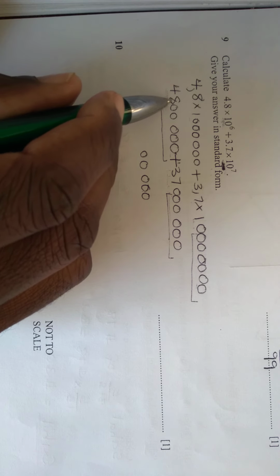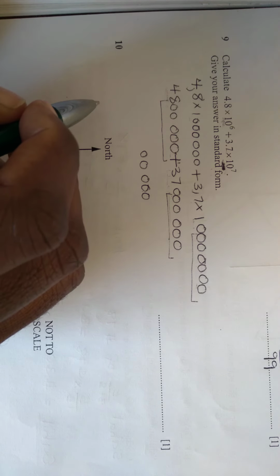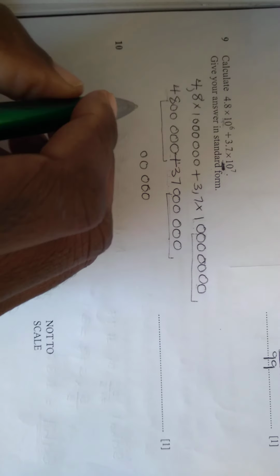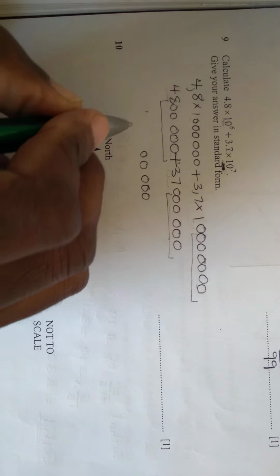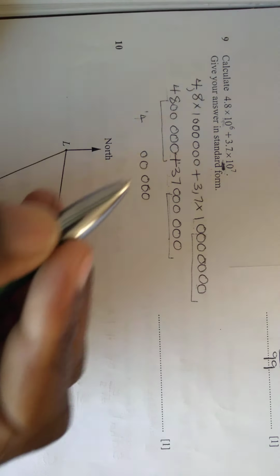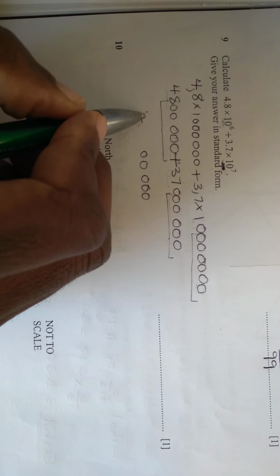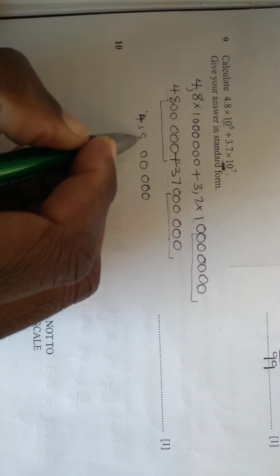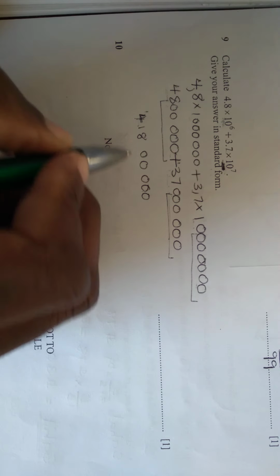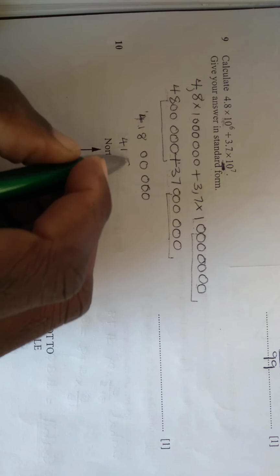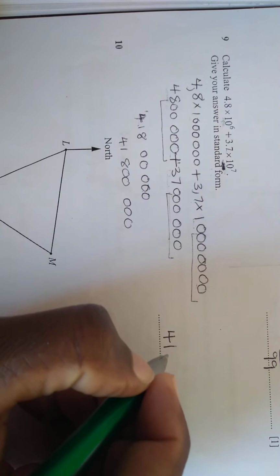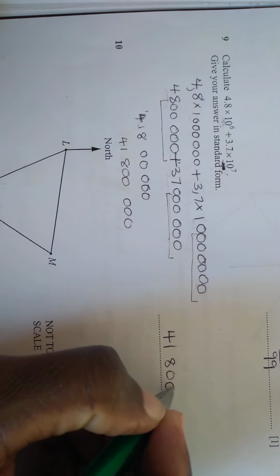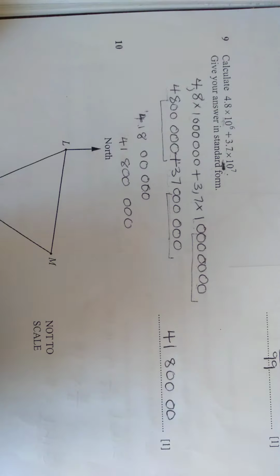So how do you simplify that? 370 plus 48 will give you 418. So you write this 418 and 5 zeros. This number is 41,800,000. So write the answer down. There you go.